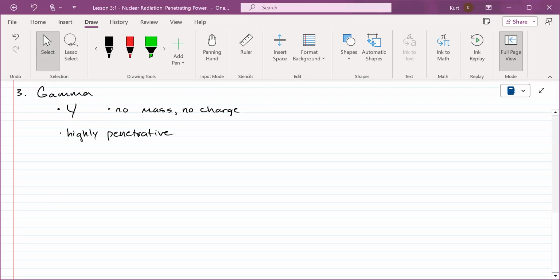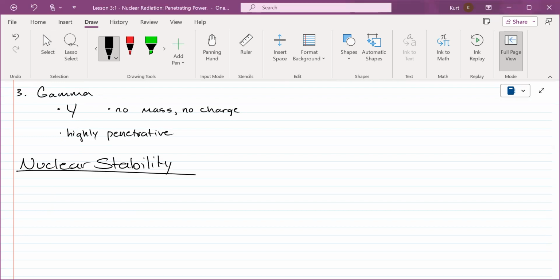Okay. Let's get to nuclear stability. I want you guys to try to finish this statement. Atoms emit radiation to what?